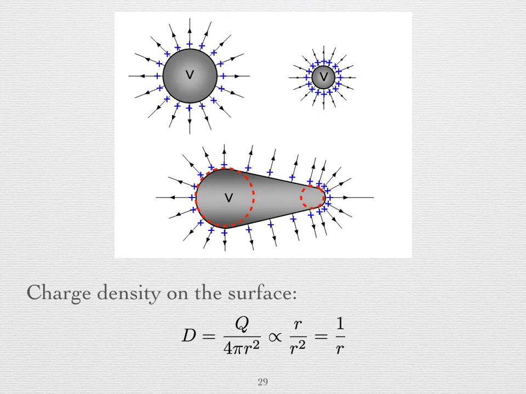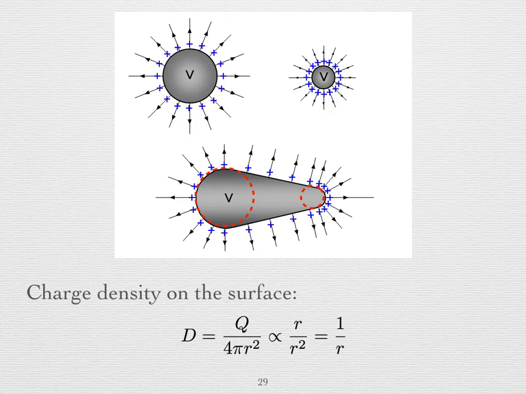In this case, you will see charges distributed around the surface, and when they reach equal potential, you will see more charges on the left hand side and less charges on the right hand side. But the charge density will be higher on the right hand side compared to the left hand side.